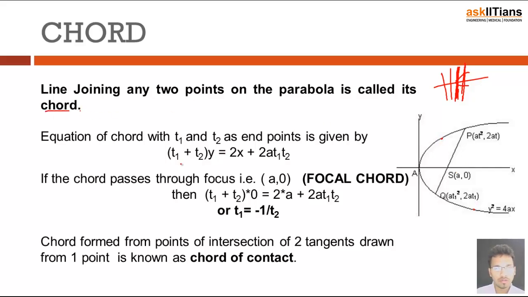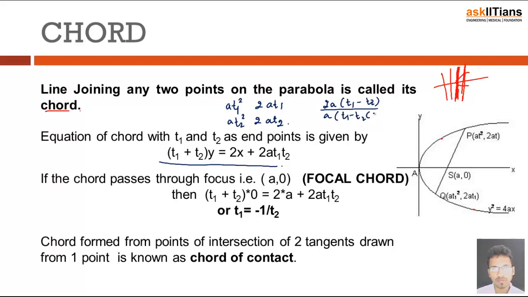Now for getting the equation of a chord, it's not that difficult. Basic knowledge of straight line is required. We know 2 points, at1 square, 2at1 and at2 square, 2at2. The slope from this will be 2a(t1 minus t2) upon a(t1 square minus t2 square).